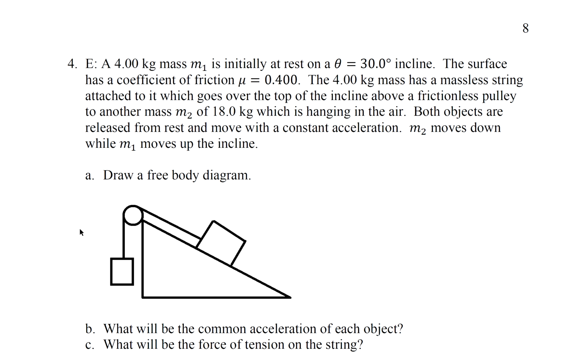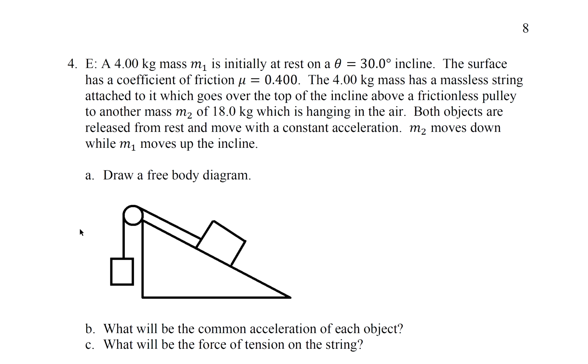Question 4. This is something you really have to know because this is like a classic physics problem. A 4 kilogram mass m1 is initially at rest on a theta equals 30 degree incline. The surface has a coefficient of friction mu equals 0.4.